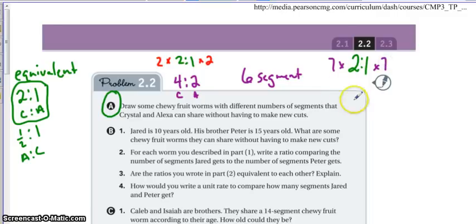So I multiply both sides by 7 and I get a 14 to 7 ratio. Now if we add these up, it's a 21 segment worm. So there's a couple of examples. What I want you to do is come up with at least 2 new examples that Crystal and Alexa can share that have not already been used in the video.